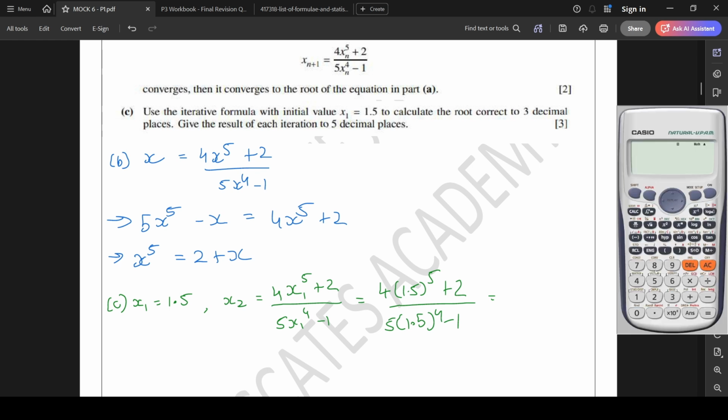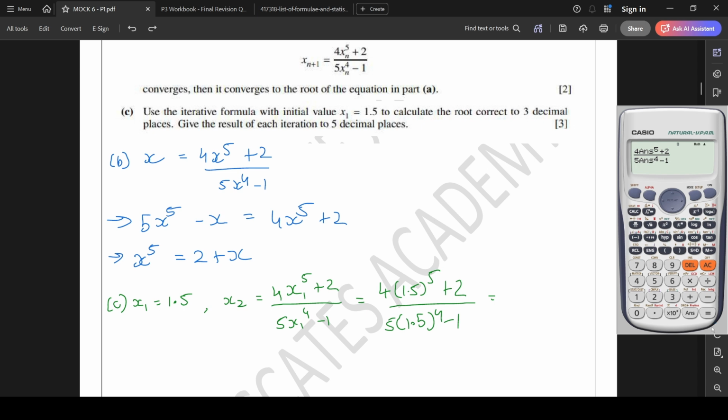And the easier way to do this is just write the starting value and press equal to, and then just click on AC. After that, write the entire equation over here into the calculator. In place of x1, simply write Ans. So it will become 4 Ans to the power of 5 plus 2, and then 5 Ans to the power of 4 minus 1.